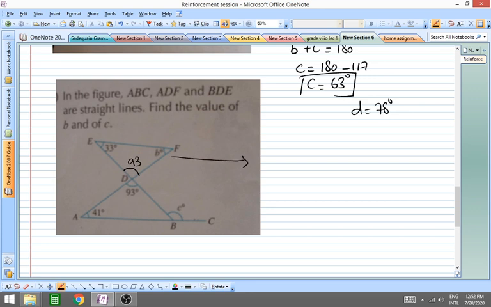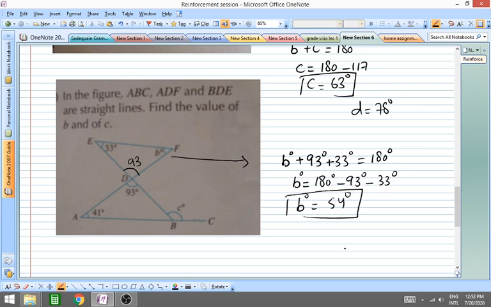As the sum of angles in any triangle is 180, I will write B plus 93 degrees plus 33 is equal to 180 degrees. By simplifying this equation further, B degrees would be equal to 180 degrees minus 93 degrees minus 33 degrees. So B would be equal to 54 degrees.